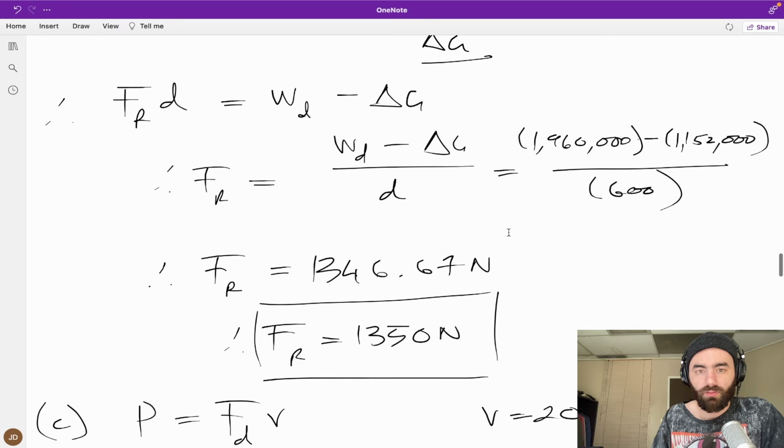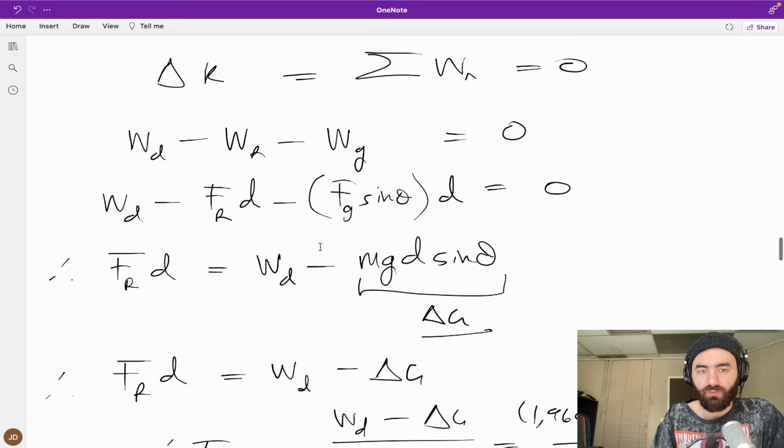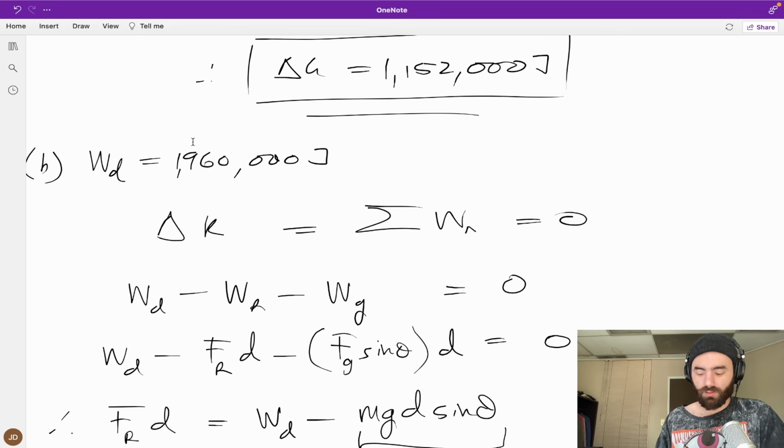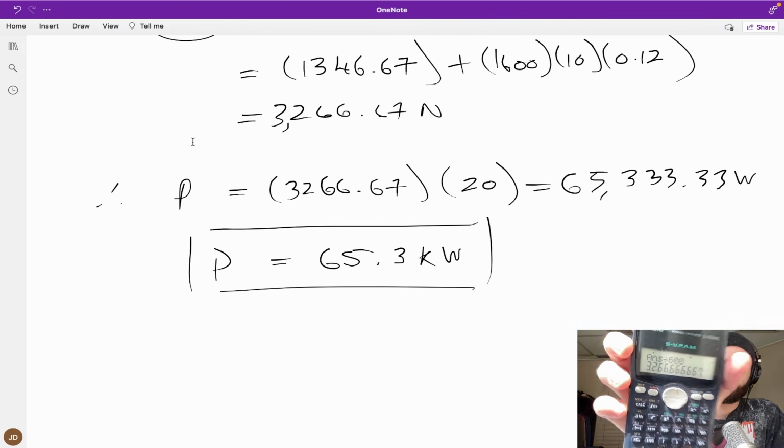So the work done, which we had, is this divided by 600. This 1,960,000 divided by 600 gives us the same value here.